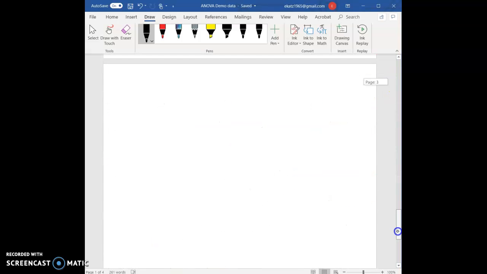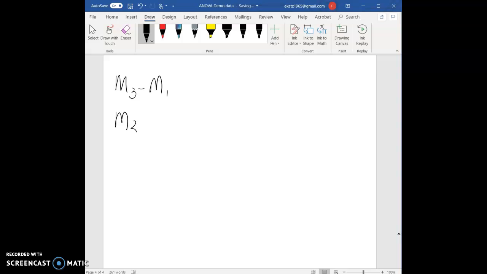So what we're going to do is calculate the difference between means. So mean 3 minus mean 1, mean 3 minus mean 2, and mean 2 minus mean 1. All right, and we know that mean 3 is 5.4, and mean 1 is 1.4, and so that's going to give us a value of 4.